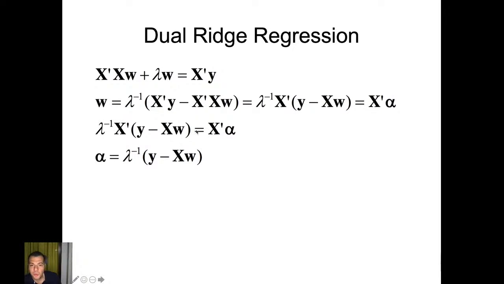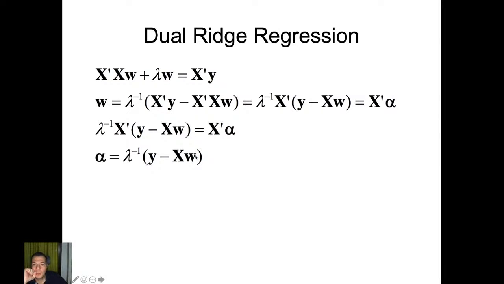We have x transpose in both cases here. Lambda is a scalar, so it can be moved anywhere, so it can be added here. Then we have x transpose multiplied on the left, so we can multiply both terms with the inverse, eliminate x transpose, and we are left with this equation. So the weights alpha are equal to the inverse of lambda times y minus x multiplied with w.